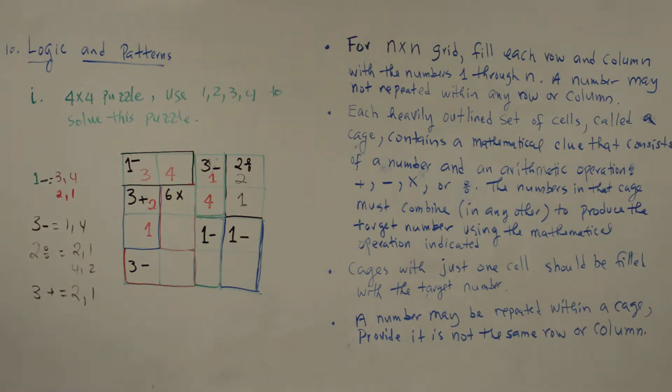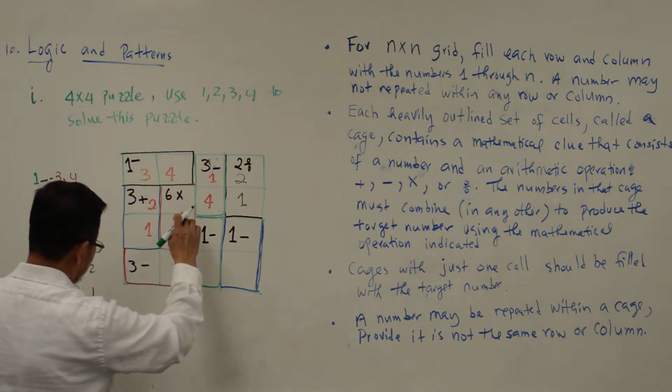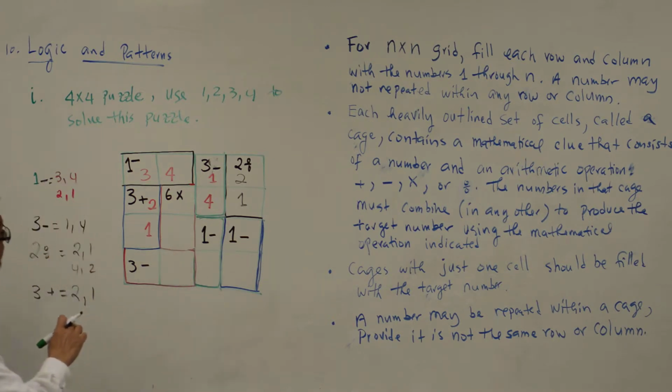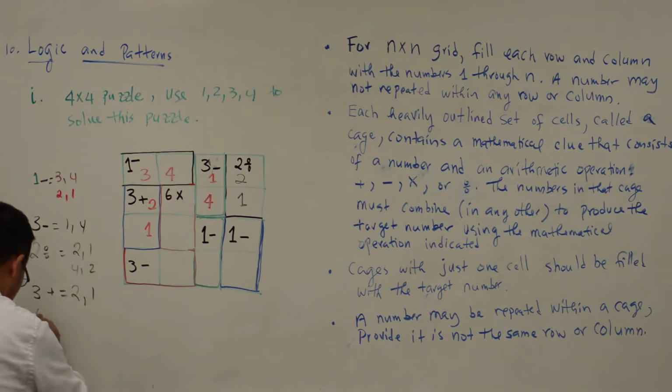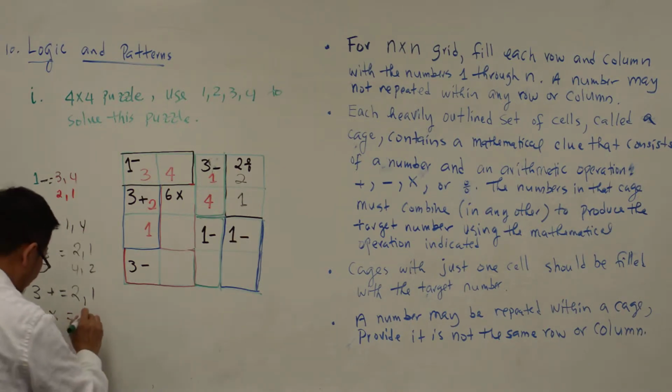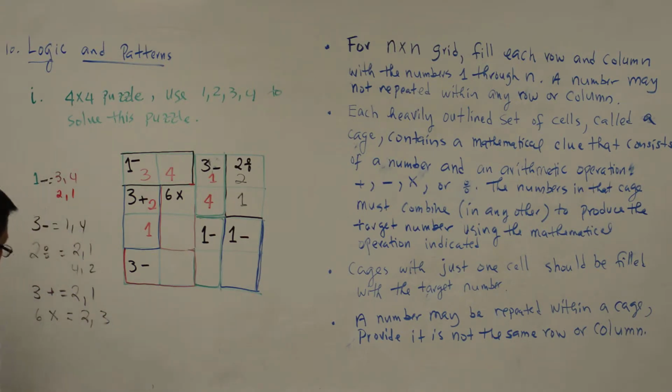Okay, let's look at the next number, 6. You have 6 here across 2 columns, times. 6 can be 2 and 3, I think that's it, 3 and 2 or 2 and 3, the same.